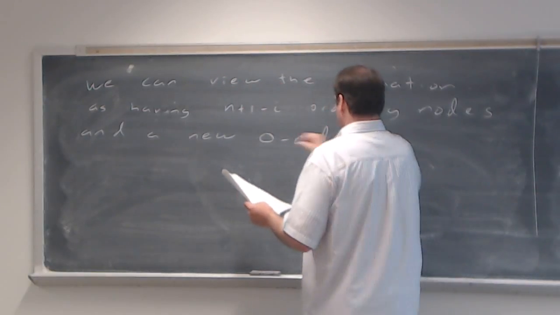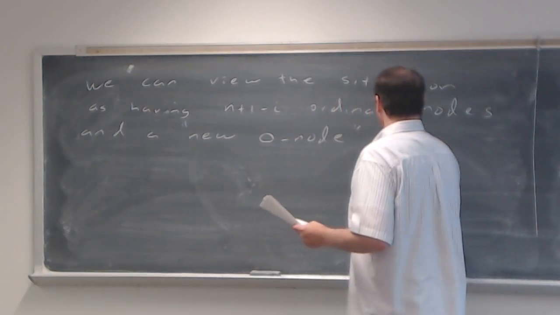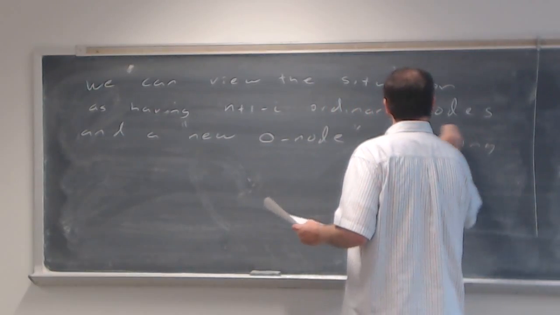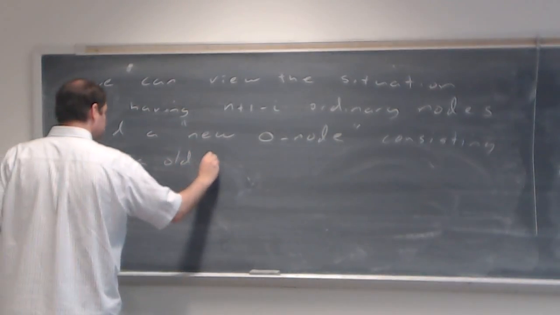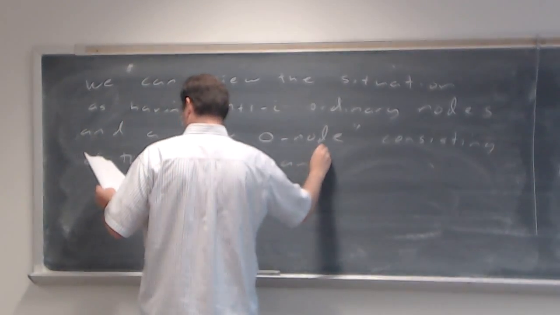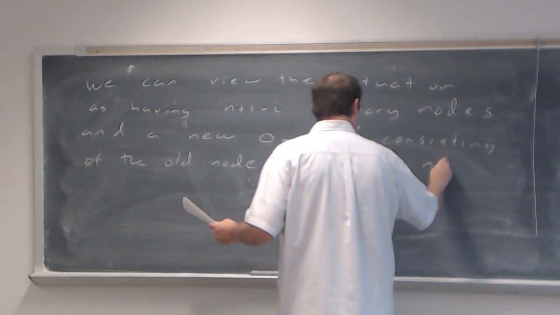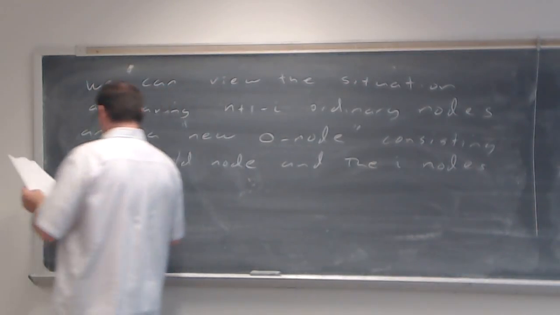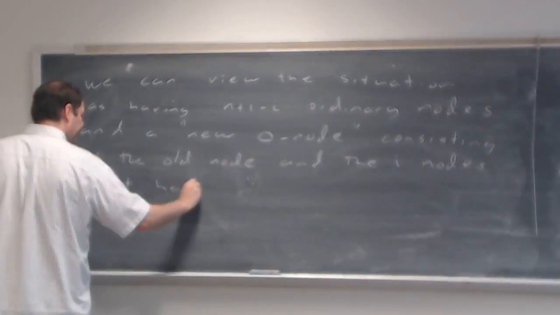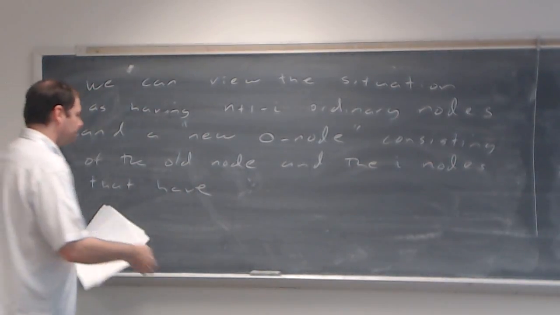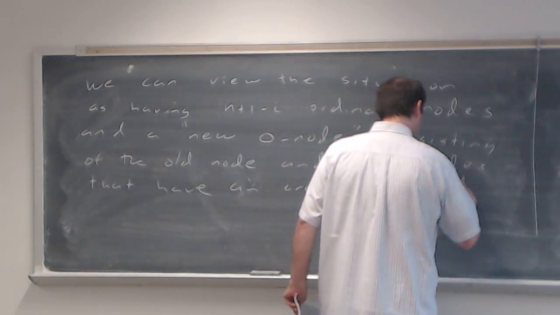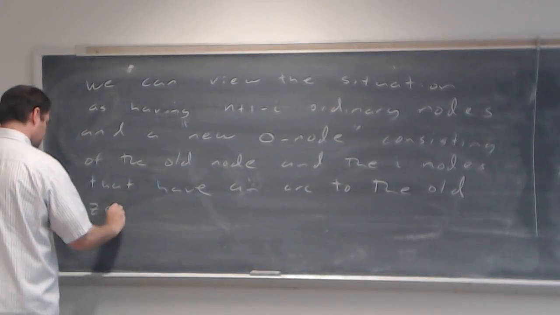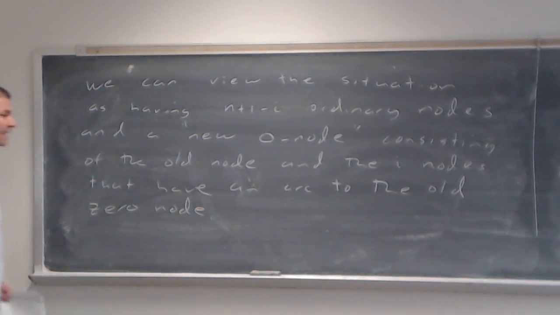Okay, so a new 0 node consisting of the old node and the I nodes, the original I nodes, that have an arc to the old 0 node. And I will prove that that's the way that you can view it.